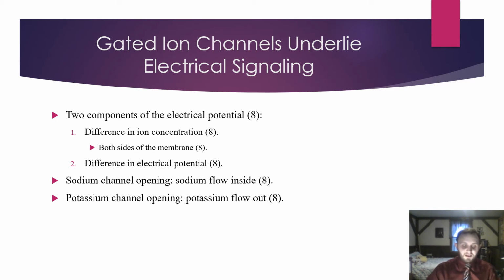In this case, potassium moves out of the cell against the electrical gradient because the large concentration difference exerts a stronger effect than the millivolts, the electrical potential, that is.